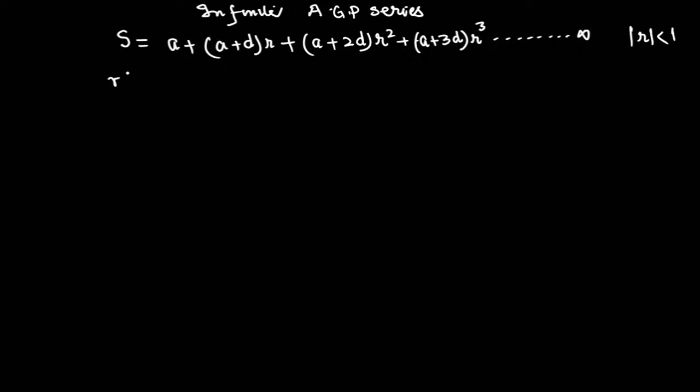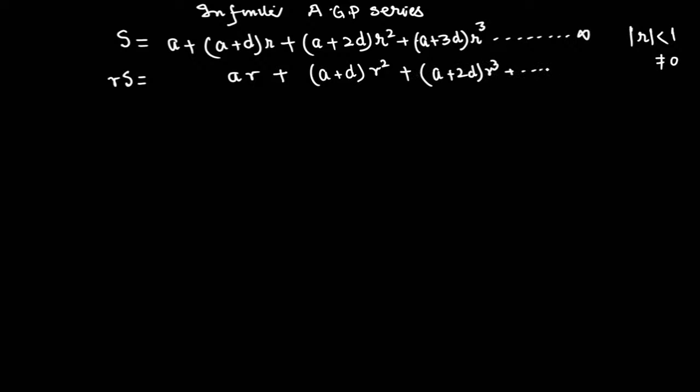So I multiply r into S, then it becomes, with the common ratio, a into r and I am shifting it. a plus d, multiplied with r, becomes a plus d into r square, a plus 2d into r cube.